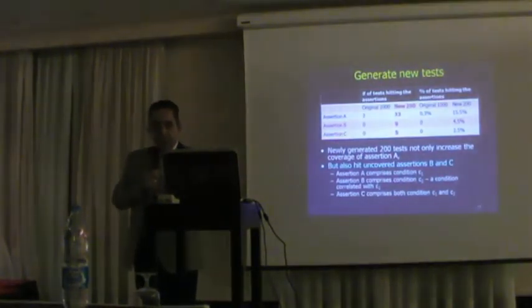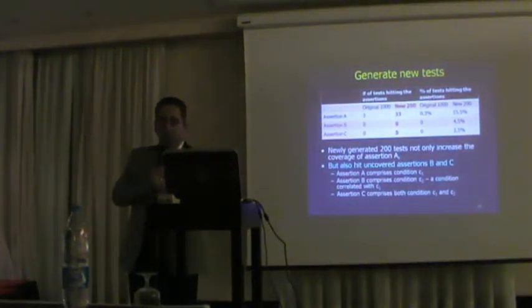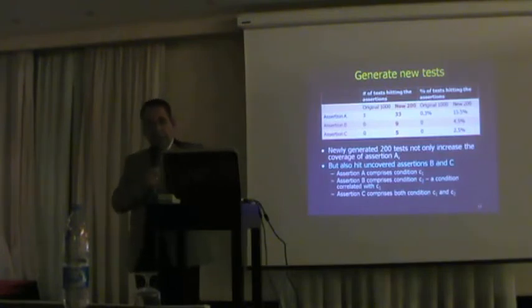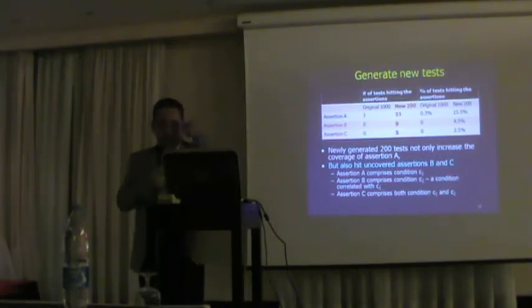So here's an example. We had 3 assertions, and the original 1,000 tests fired only one of the assertions 3 times, and 2 of the assertions were not exercised. By deploying this knowledge and rule learning technique and improving the random generation, we were able to generate 200 more tests, and these hit assertion A 33 times.